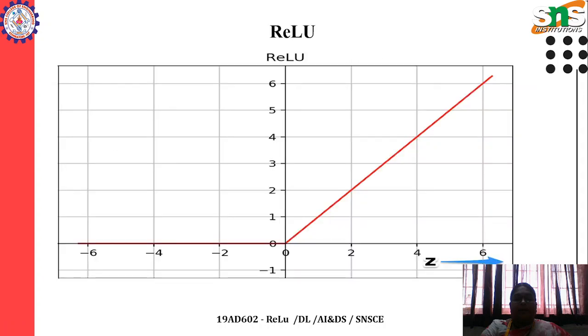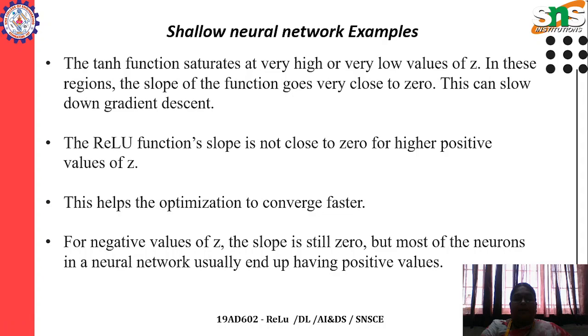Again, I will show you. See ReLU, which is not close to zero. It starts from the negative value, goes to zero and then it rises. So it is not close to zero for higher positive values of z. This helps the optimization to converge faster. This is the advantage. For negative values of z, the slope is still zero, but most of the neurons in a neural network usually end up having positive values.